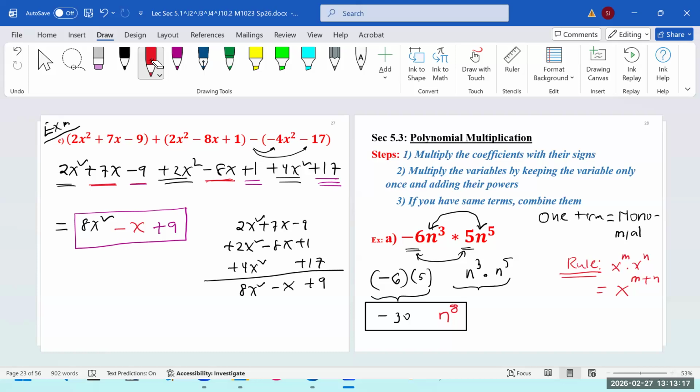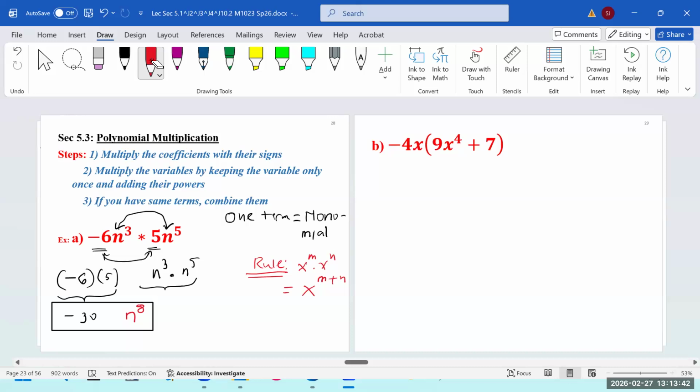Any question? So all these things are rules. You have to remember your rules, your exponent rules, and you can apply them easily. Addition, subtraction means add, subtract coefficients. Multiplication is two things. Multiply coefficients, add the powers. So double work.